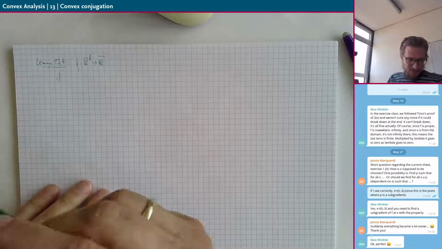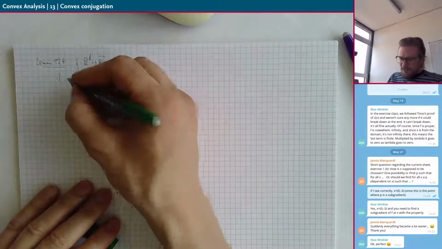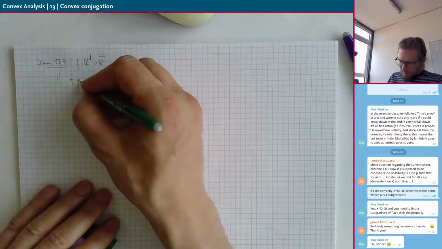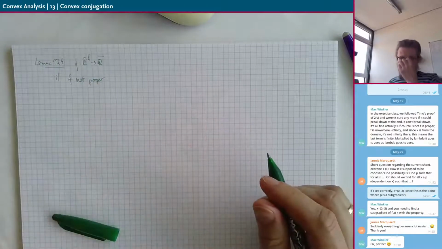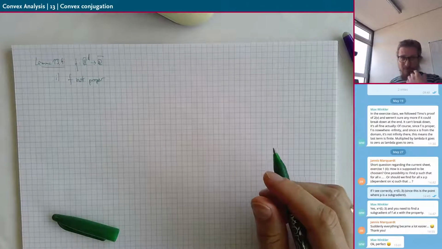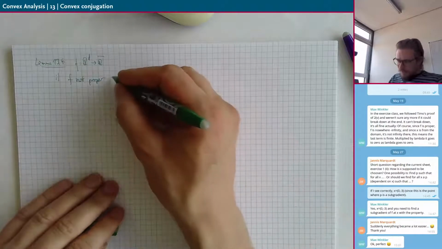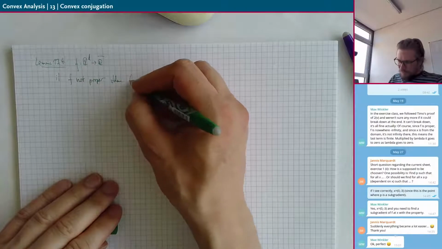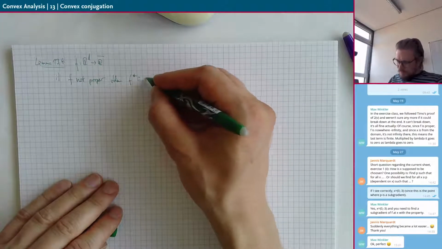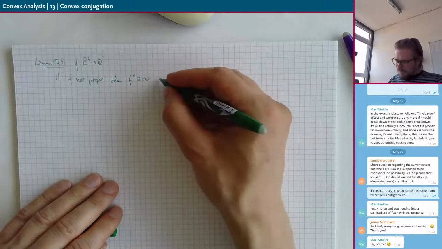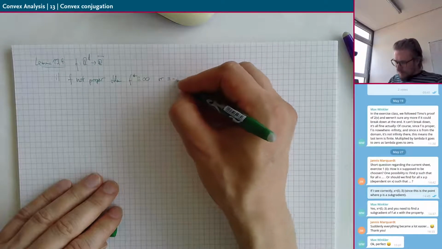If f is not proper, which means either it takes the value negative infinity somewhere or the value plus infinity everywhere, then the conjugate is either constant plus infinity or constant negative infinity.